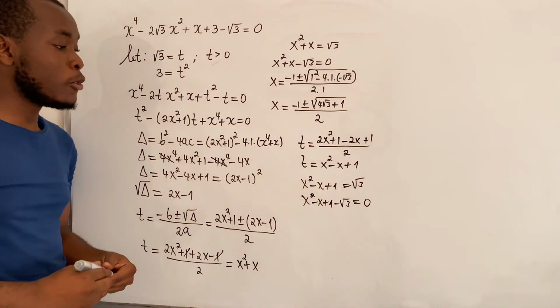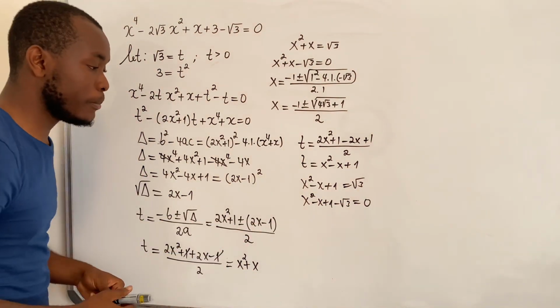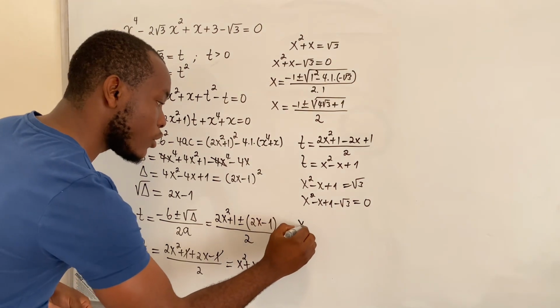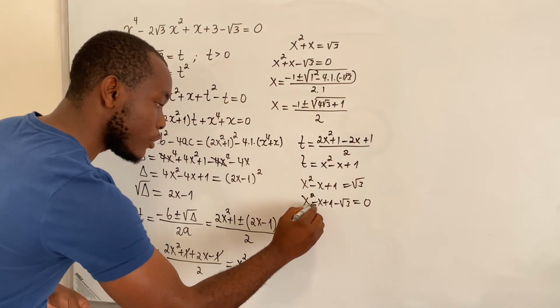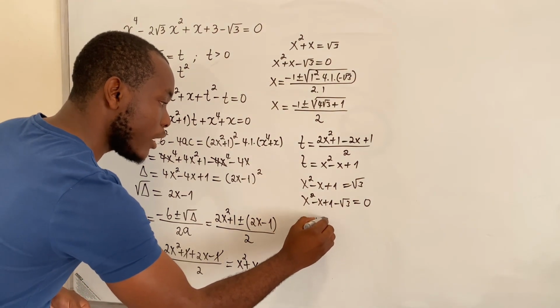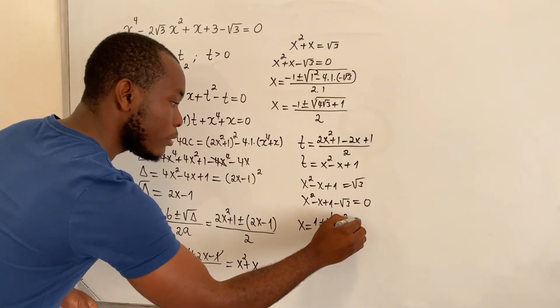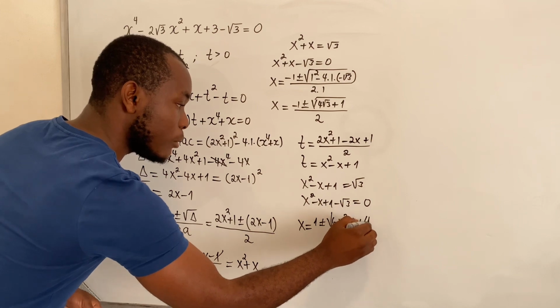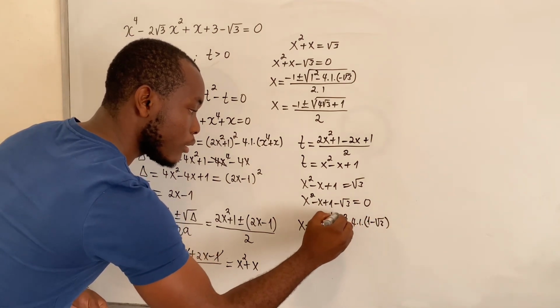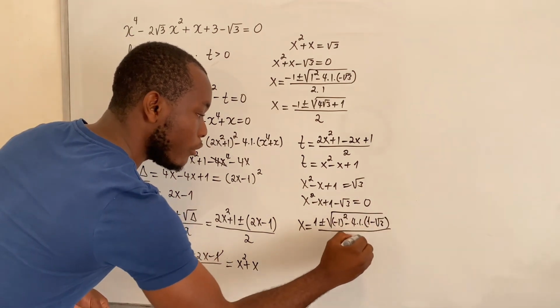All right. So we can solve this quadratic equation. So that means x is going to be equal to minus b, which is going to be 1, plus or minus square root of b squared minus 4 times a times c, which is 1 minus square root of 3, over 2.